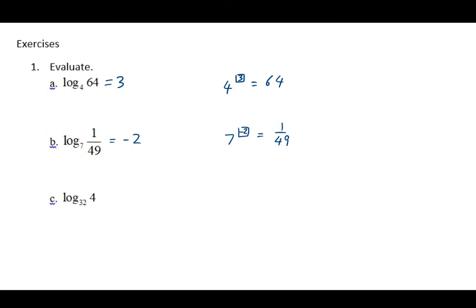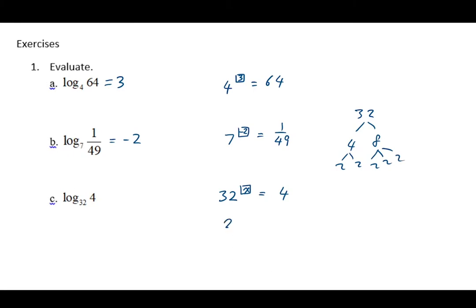Good. Now what about this one? Well, 32 to something power is equal to 4. Well, what can we do? Some of you can imagine the answer, but let's say you cannot. Then let's just put x there. And then let's see, 32, prime factorization: 2, 2, 2, 2, 2.